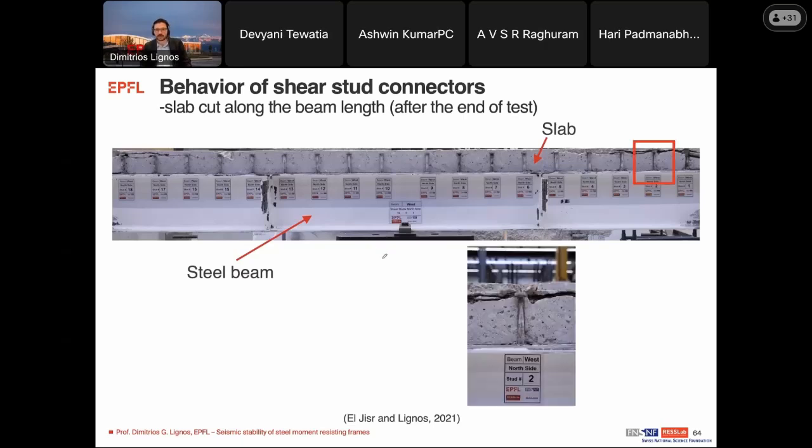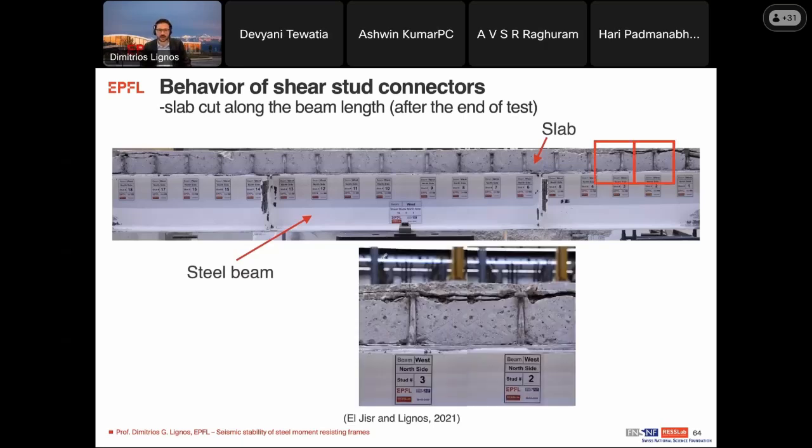If you look at all the studs, you see that after the end of the earthquake, although here we didn't put the penalty of 25% on the shear stud strength, the studs are practically undamaged, because the deformation that they underwent was actually much smaller than what we anticipate by code.